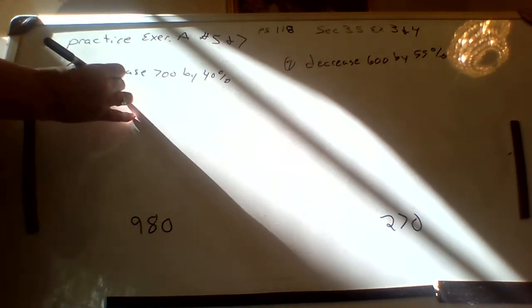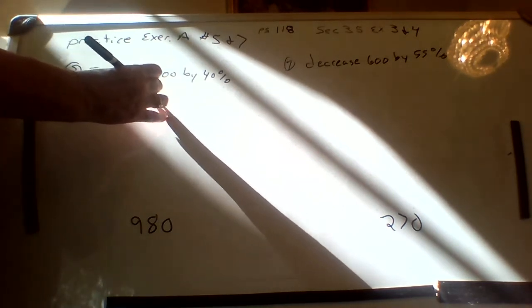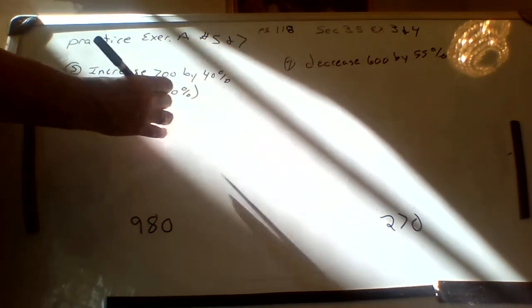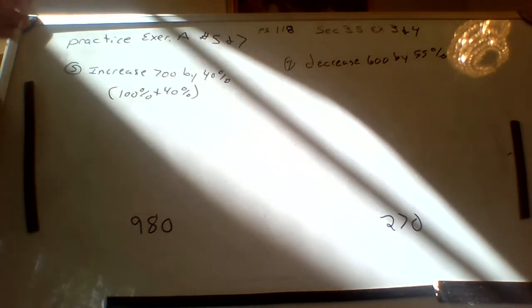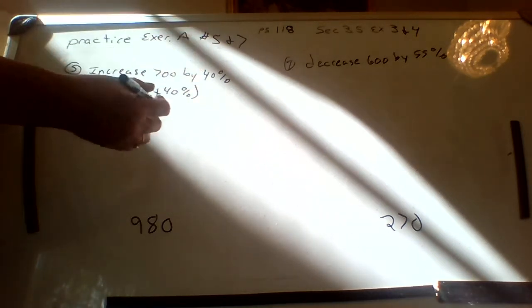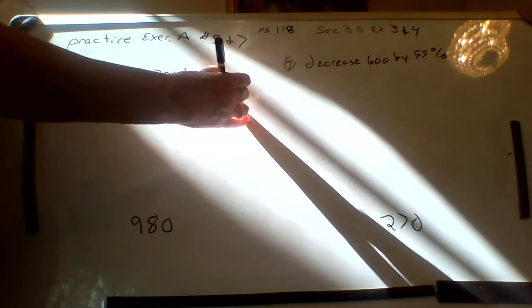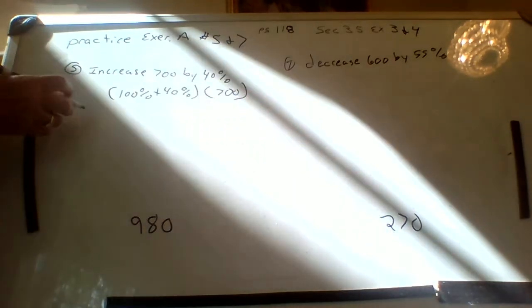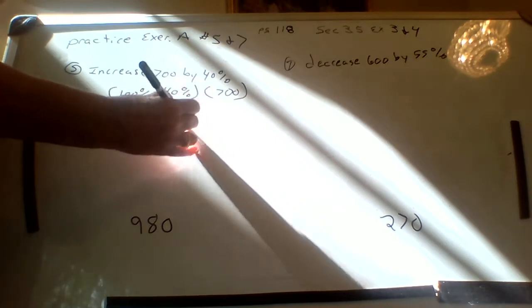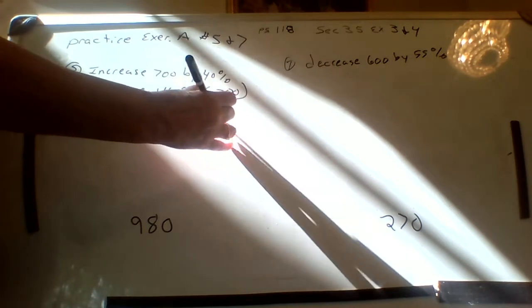So of the 100%, we increased by 40%. And the words of and by, all those indicate multiplication, okay? So by 700, this gives me 140% of 700.